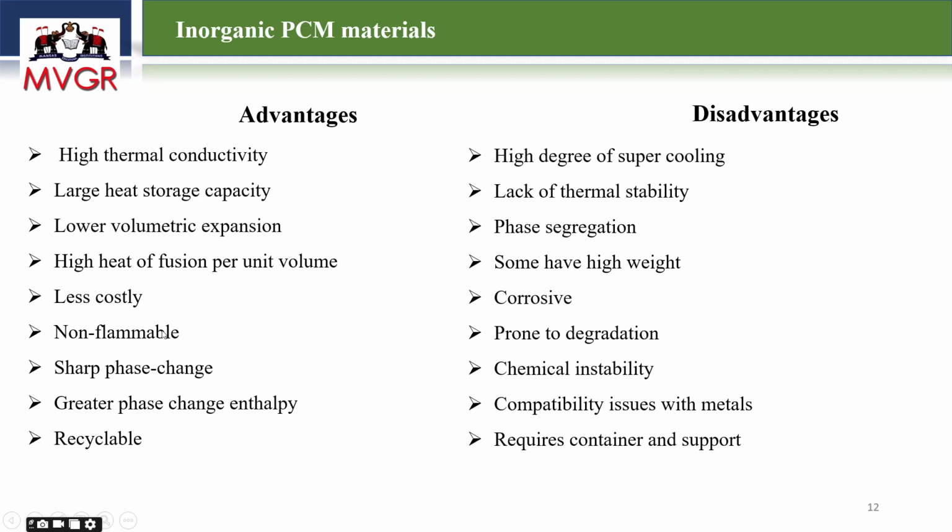So what are the disadvantages of these inorganic phase change materials? A high degree of supercooling, like I already told. Supercooling is a deviation between charging and discharging, or that temperature difference. We call it supercooling. So that will be very high for inorganic phase change material.